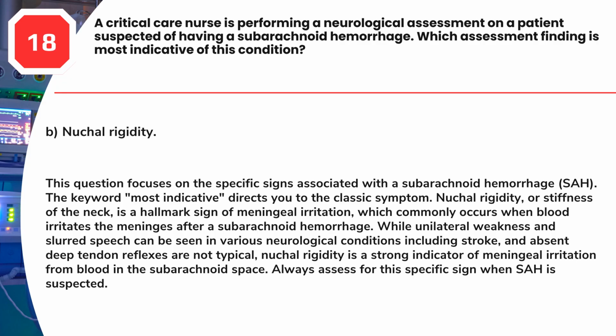While unilateral weakness and slurred speech can be seen in various neurological conditions including stroke, and absent deep tendon reflexes are not typical, nuchal rigidity is a strong indicator of meningeal irritation from blood in the subarachnoid space. Always assess for this specific sign when SAH is suspected.